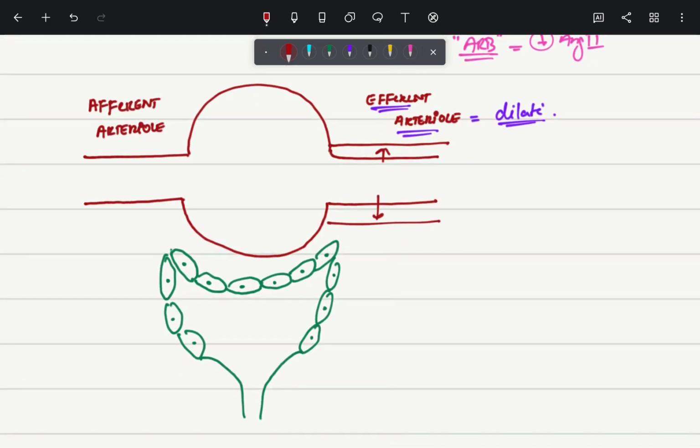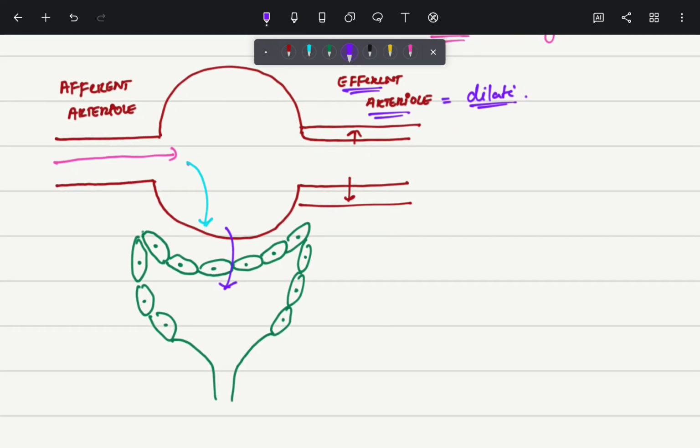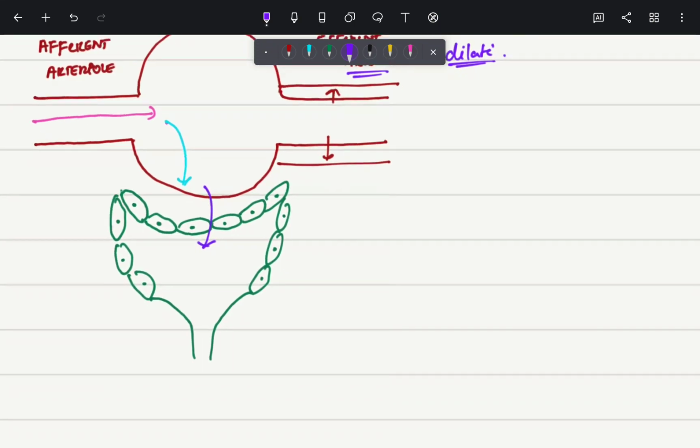Whenever there is dilation of the efferent arteriole, there is decrease in the renal plasma flow. Hence there will be decrease in the hydrostatic pressure. Hence there will be decrease in the GFR, or the glomerular filtration rate.